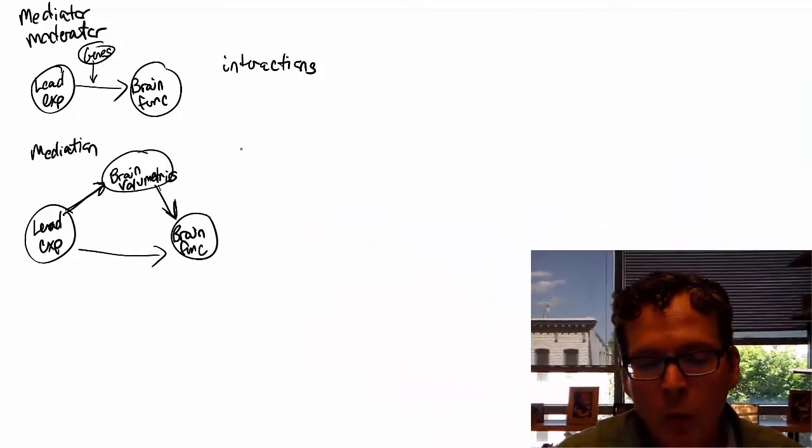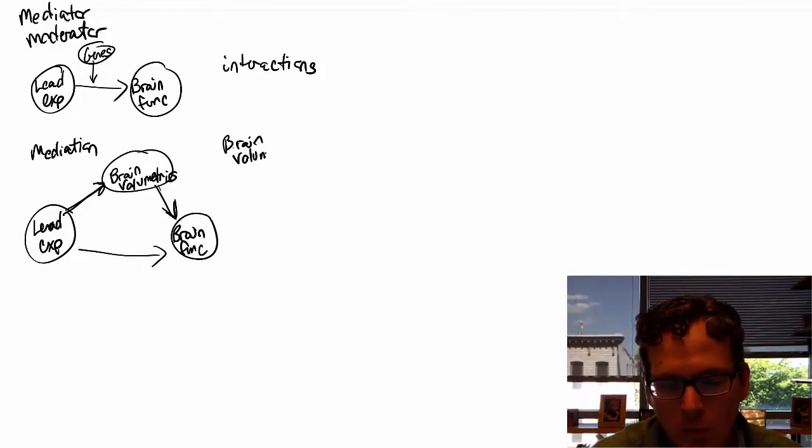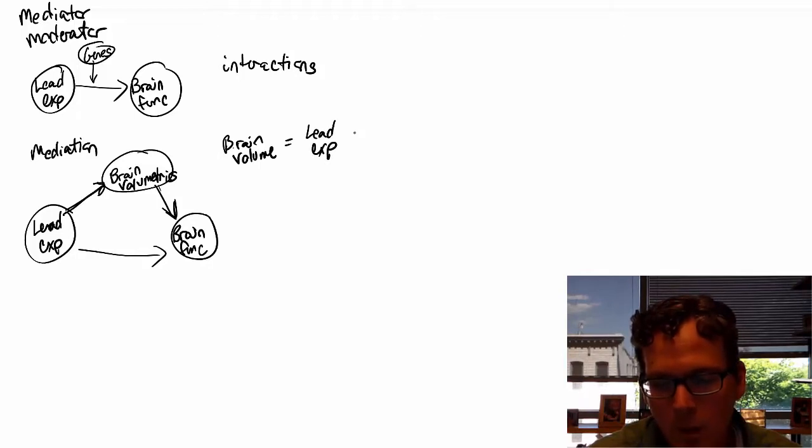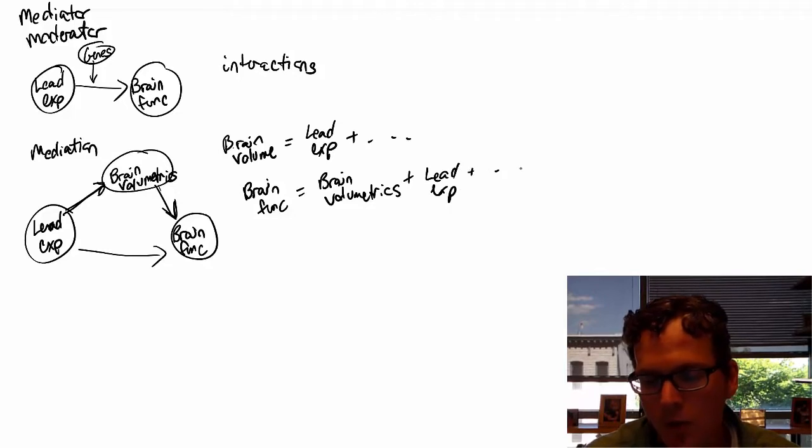One way to do this is with path diagrams. Another way is a full causal style analysis, but let's talk about path diagrams. What we might do is have a model that says brain volumetrics is a function of lead exposure plus some other covariates that impact brain volume, and then brain function is a function of brain volumetrics plus lead exposure plus other stuff.